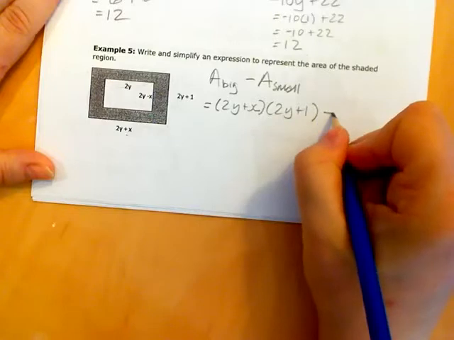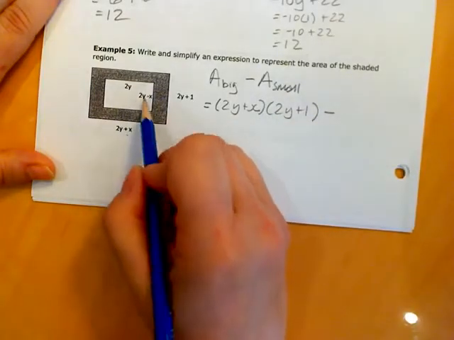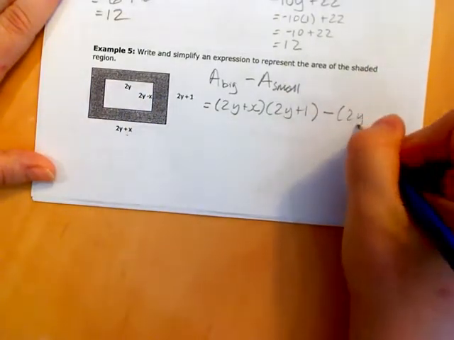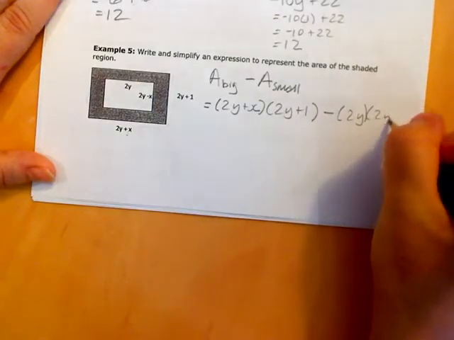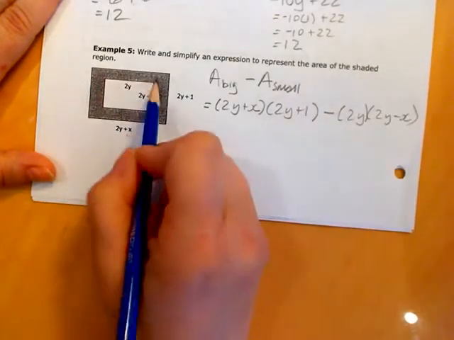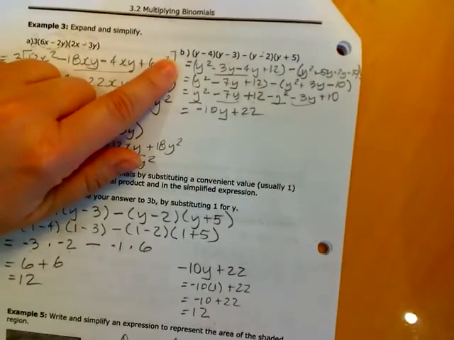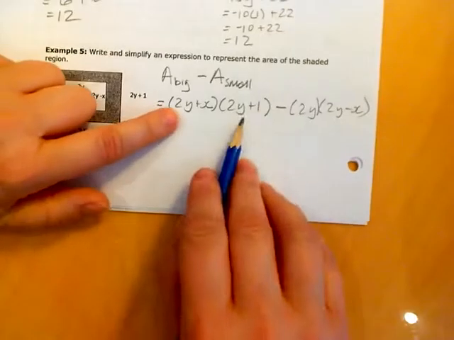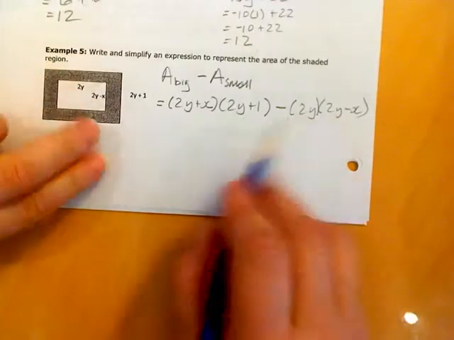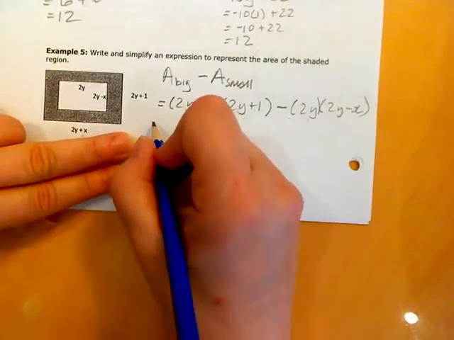And then I'm going to subtract the area of this, which is 2y times 2y minus x. Length times width. Okay, so now I kind of have a question like I had up here. A product of two things minus a product of two things, except this isn't a binomial. That's really the only difference.